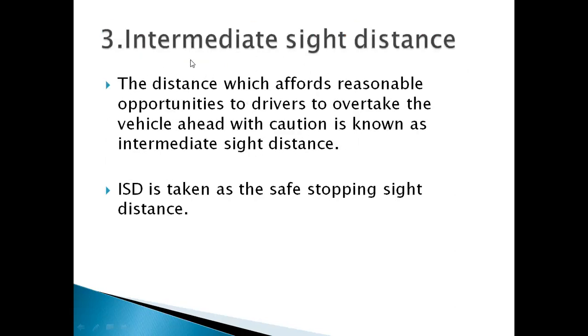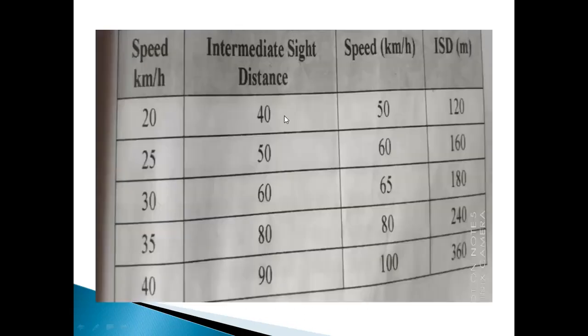Then third type is intermediate sight distance. It affords reasonable opportunity to the driver to overtake a vehicle safely, with awareness.